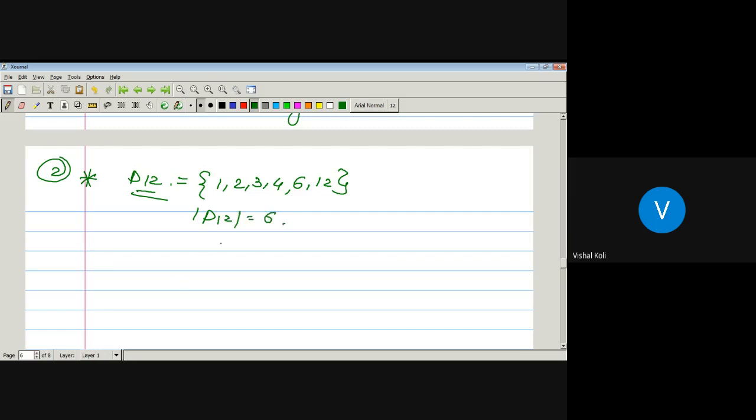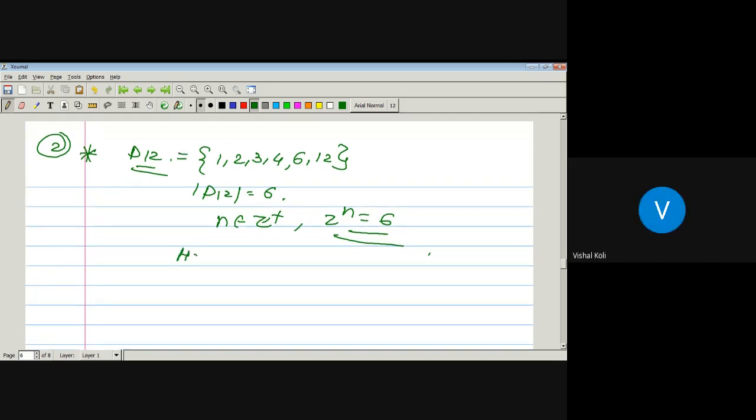Is there any element n belonging to the set of positive integers such that 2 raised to n will be equal to 6? No, there is no n for which 2 raised to n is equal to 6.